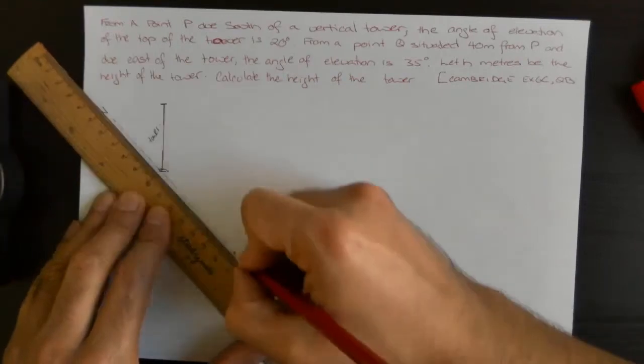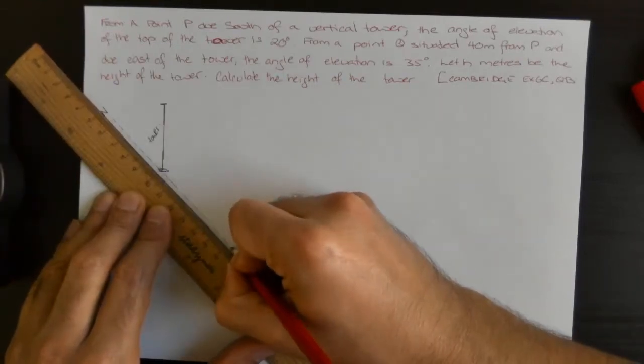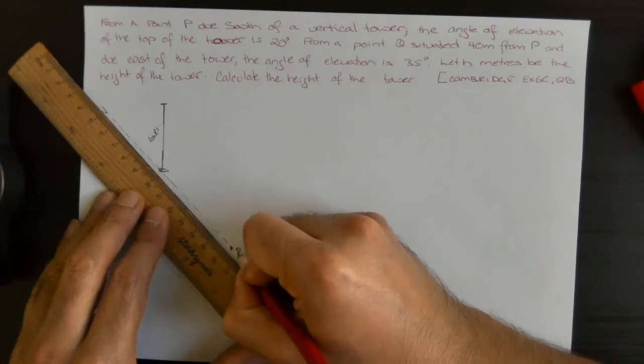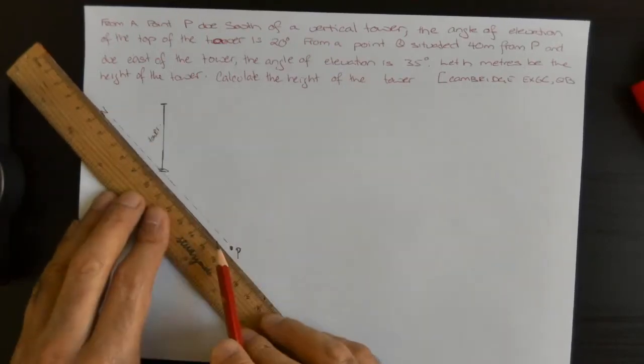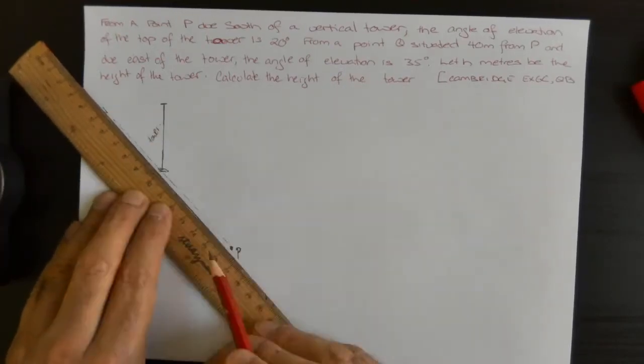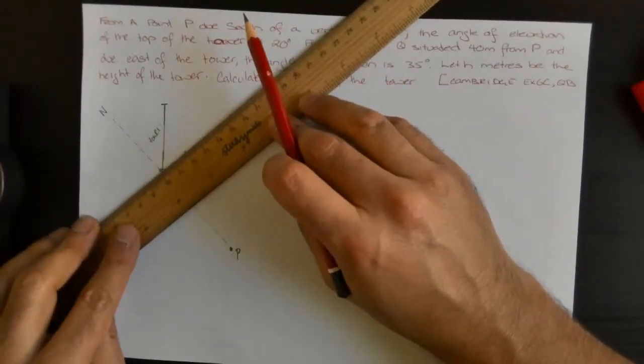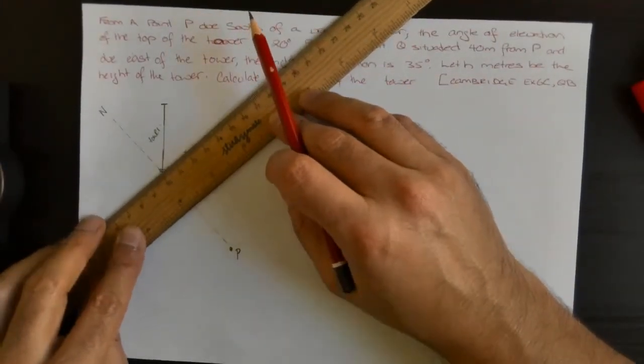So if that's north, this is my point P. Yeah, it is due south of my tower. So if that's the case, then I'm just going to create some more.